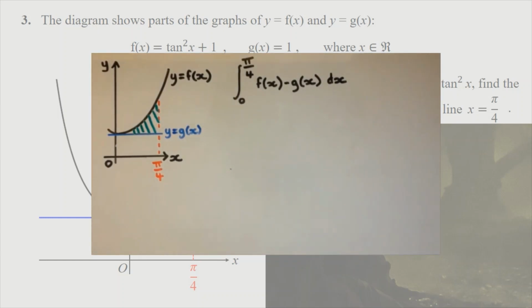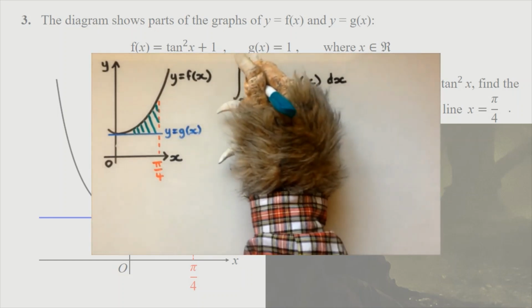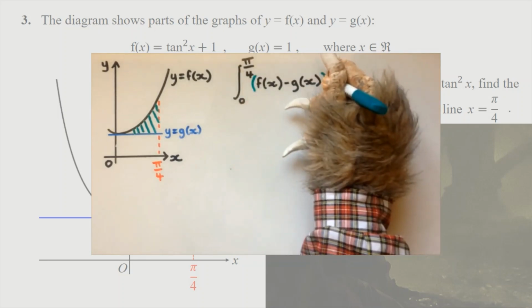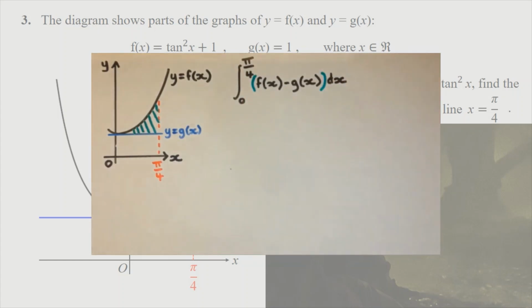I will put brackets around this to be correct, more than anything. So there's our integrand. I'm going to now substitute in our functions. So the functions we're given are that f of x is tan squared x plus 1 and g of x is the function 1. So let's write those in.